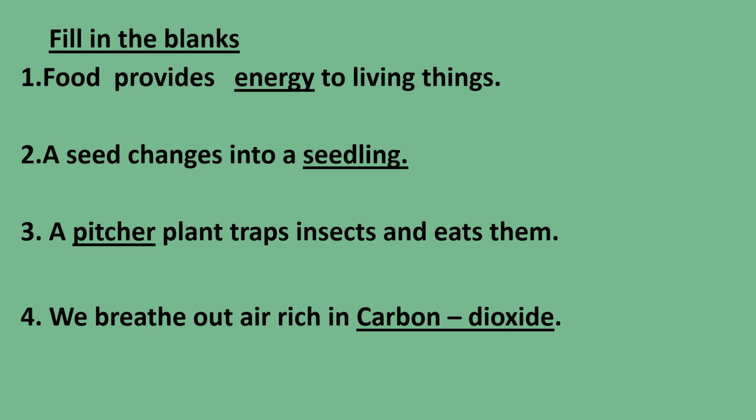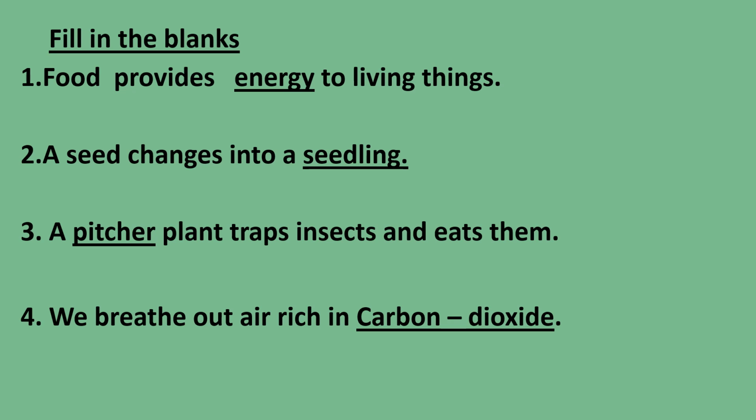A seedling is the young sporophyte developing out of a plant embryo from a seed. Seedling development starts with the germination of the seed. Therefore, a seed changes into a seedling.